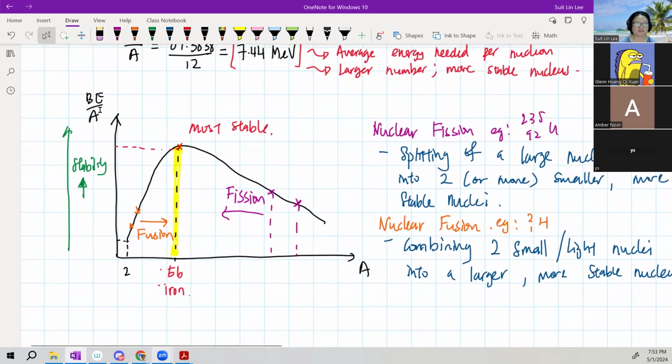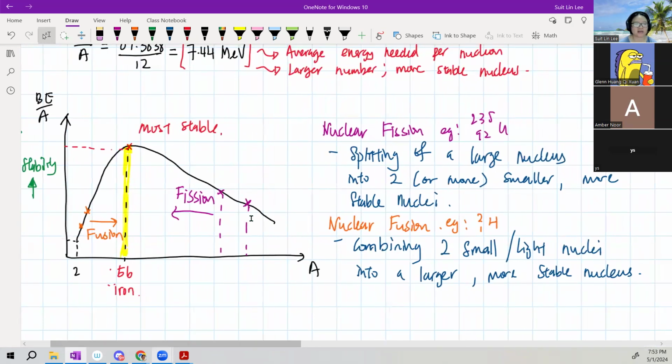The larger this number is, the more stable the nucleus. If you plot a graph of binding energy per nucleon number, we get roughly this shape. The peak here is the most stable. This is iron, I think 8 point something MeV. If a nucleus has a binding energy per nucleon too low and is not stable, it will split apart if it's too big.